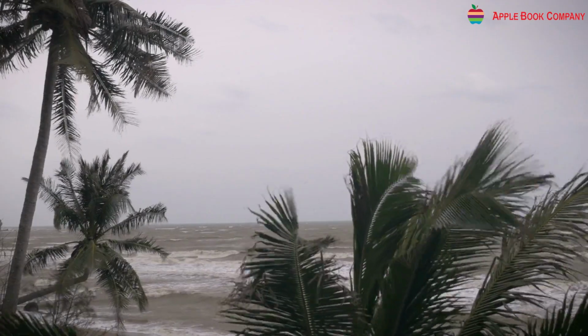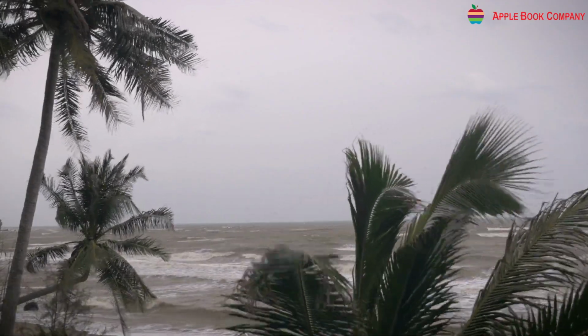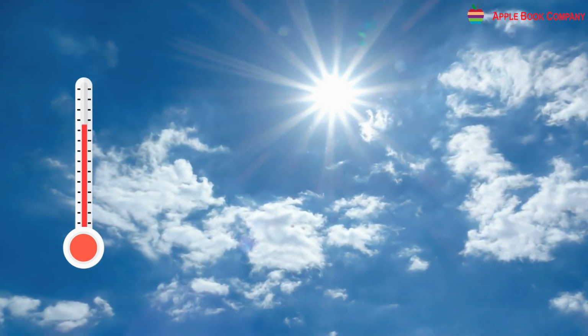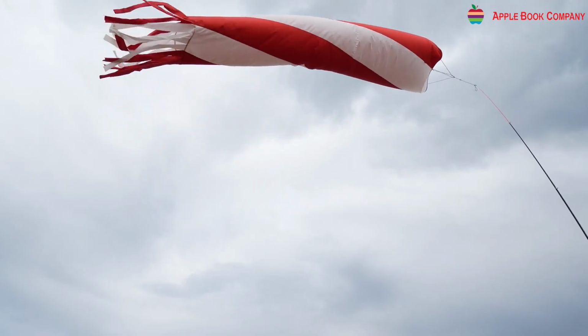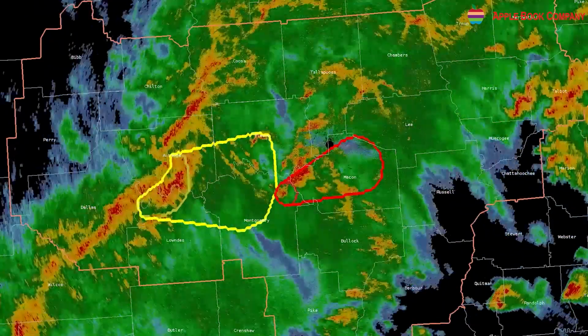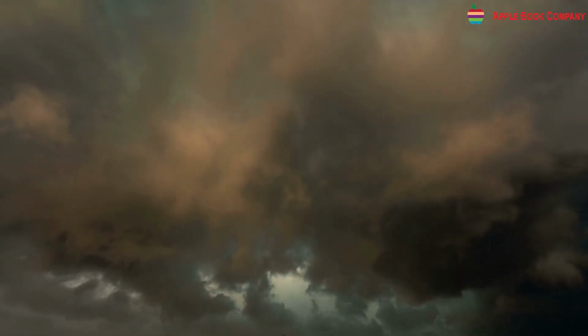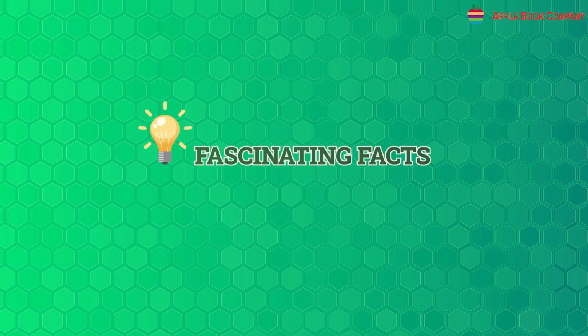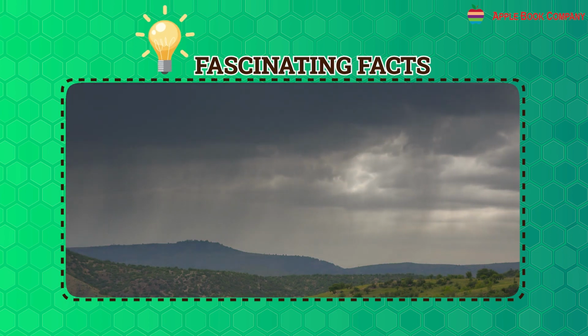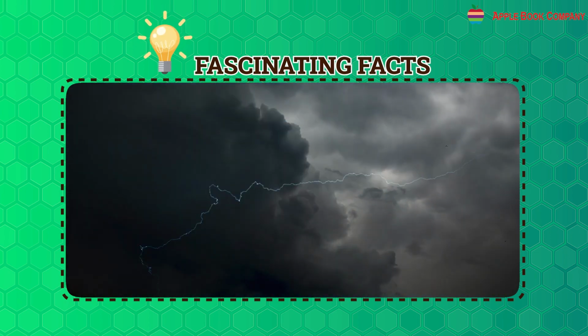The weather depends on many factors like sunlight, temperature, wind speed and direction, humidity, etc. These factors are known as forecast indicators. Fascinating facts. In earlier days, thunderstorm or lightning was taken as the fury of God.